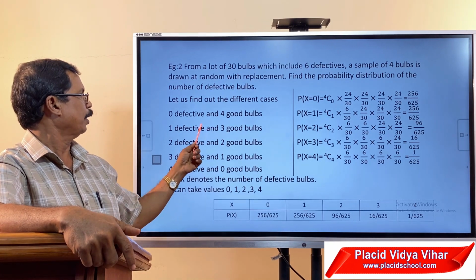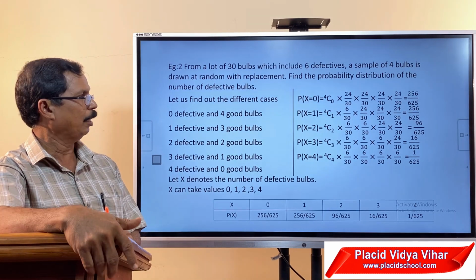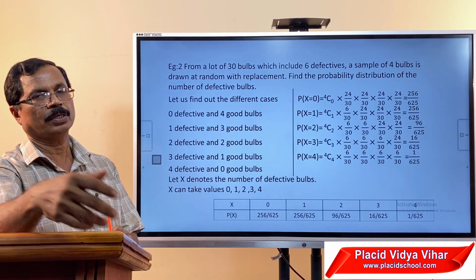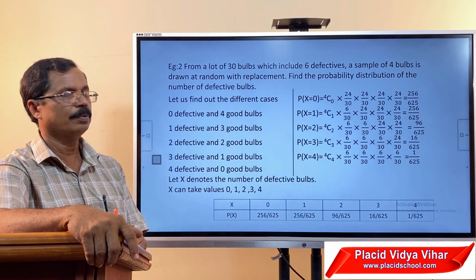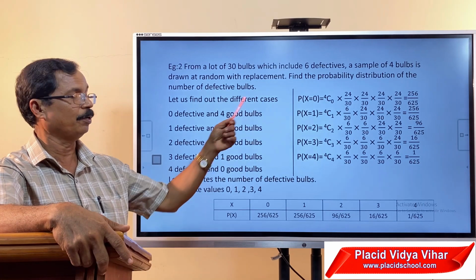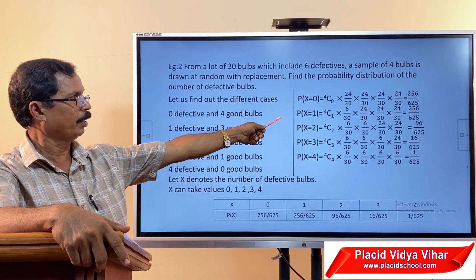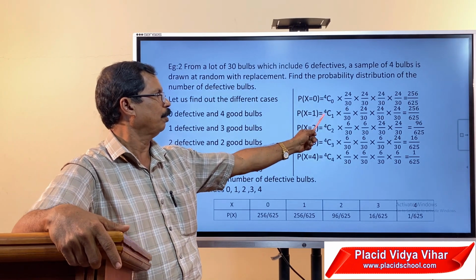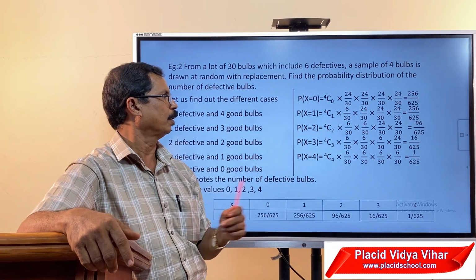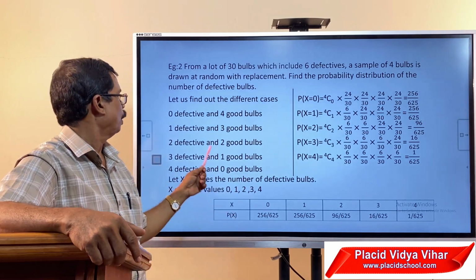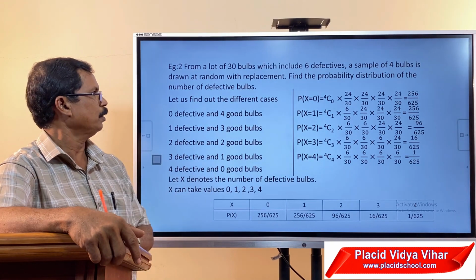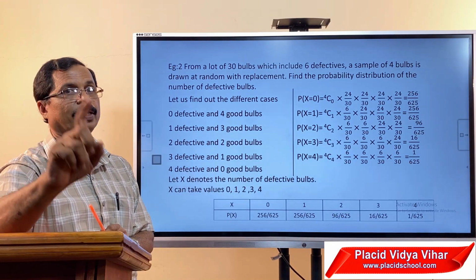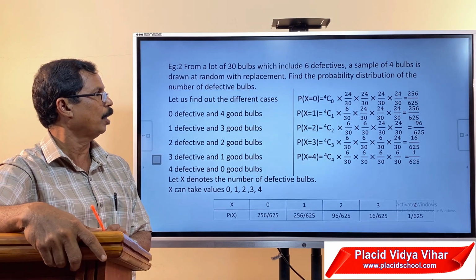Now you come to the second case, that is 1 defective and 3 good bulbs. So how many ways can you select 1 defective? We can select in 4C1 ways. That is why we have written 4C1 there. So when the probability of x is equal to 1, you start with 4C1 into, and 1 defective means we are taking only 1 defective and all the others are good bulbs.